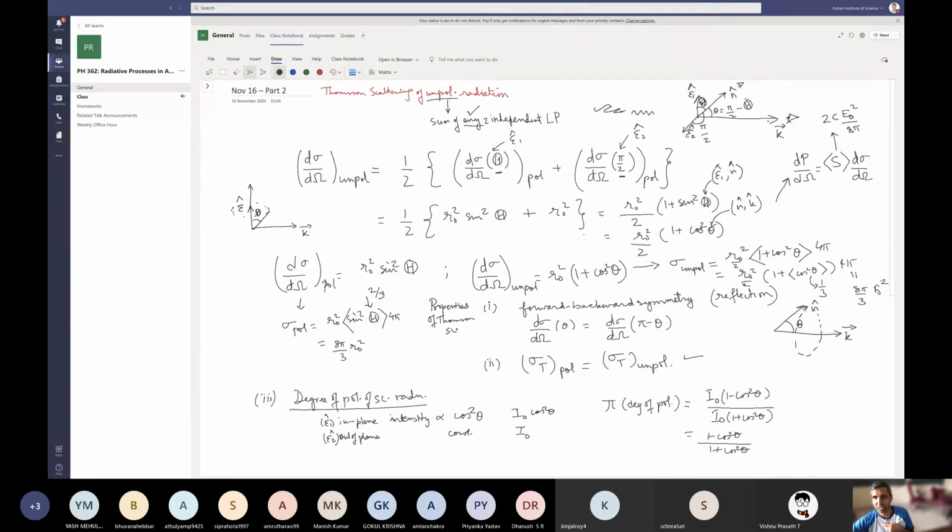When theta equals pi by 2, when you're seeing from here, this epsilon 1 acceleration is along the line of sight. You don't see any radiation because of this. All you see is because of this. So it's totally polarized for theta equals pi by 2. You get a degree of polarization which is 1 for theta equals pi by 2.